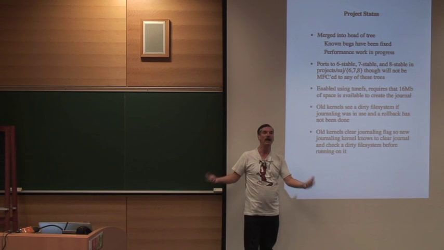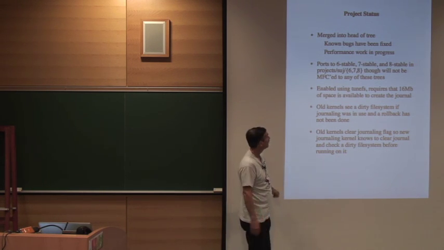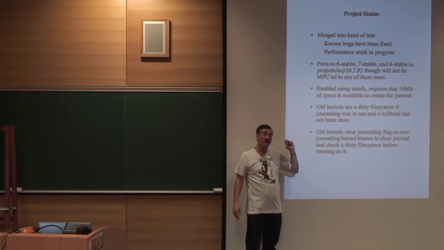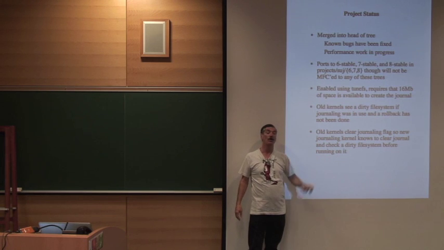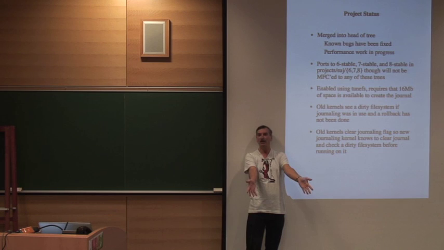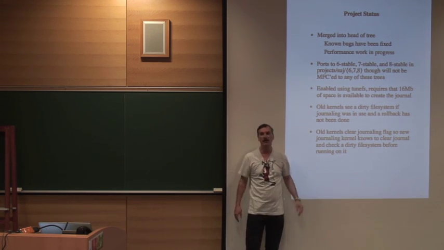So it will know that it has to run fsck before it can mark it clean. The other thing is that we want to know that an old kernel has been run on there, and that the journal, even though it's there and may look like it should be used to roll back the file system, in fact, you don't want to get anywhere near that journal.